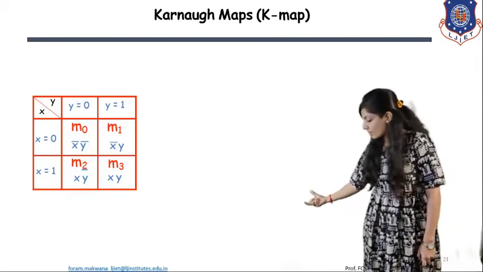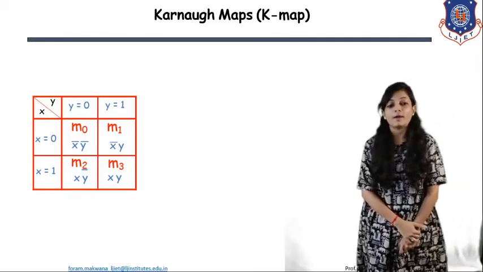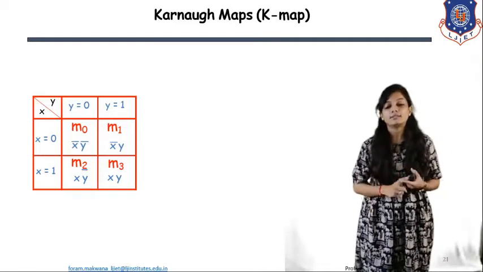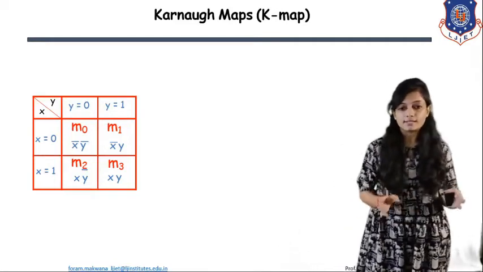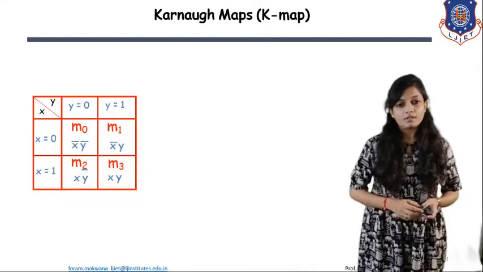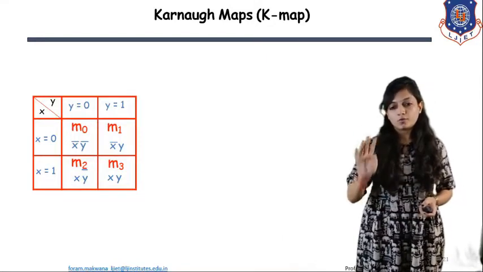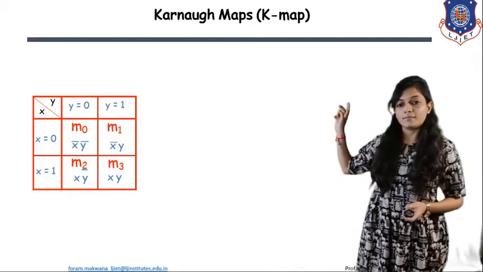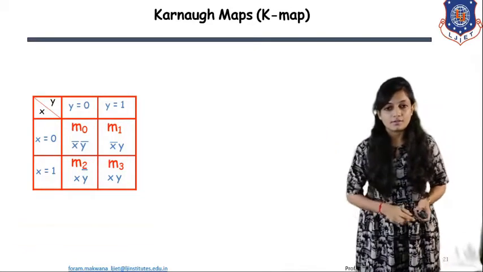Third, x, y bar, and the fourth, x, y. Why? Because for x and y, if it is 1, 1, we need to take that min term as it is. Alright? So 4 cells, 4 min terms and 2 variables for K map simplification.